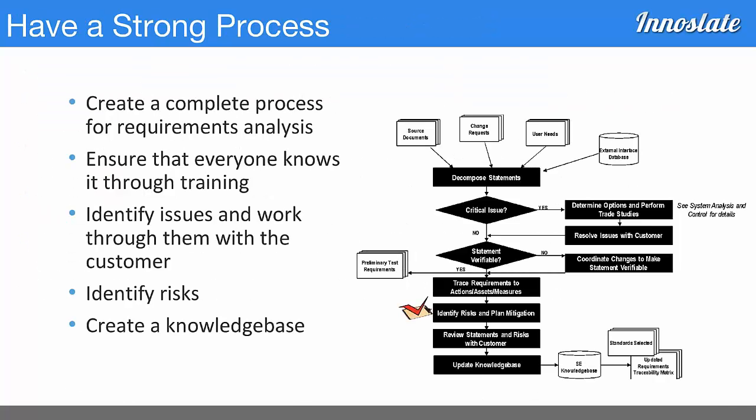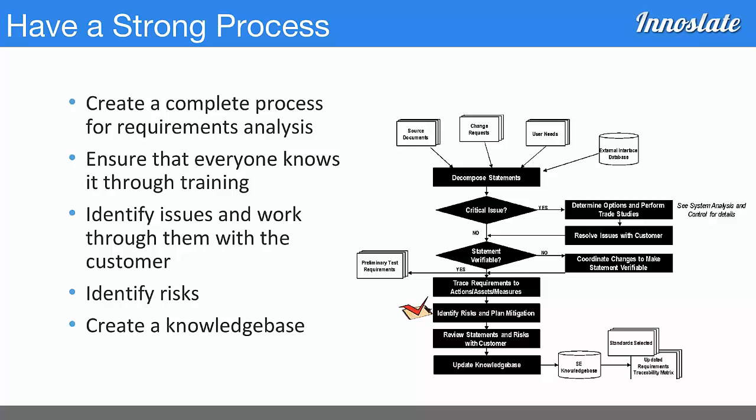So part of that is having a strong process. On the right here, you see a process I've used for quite a number of years. It gives you the basic idea of the process. Obviously, there's more to it than just what you see. You're not just looking at, is the statement verifiable? You're actually checking all those quality factors. So that's actually a larger step than what it looks like.